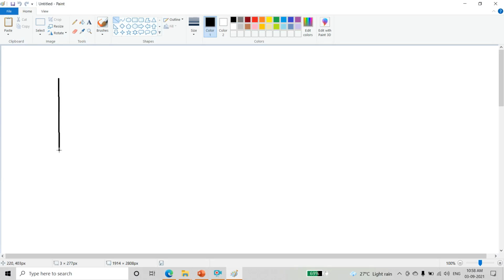This is our y-axis and this is our x-axis.